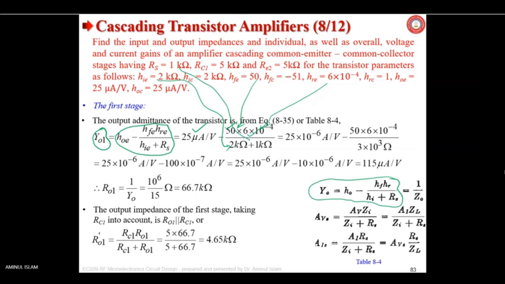See, 1 kilo is coming here. So all these values are given. Put these values and get the final value as this after calculation. I have calculated step by step in the book, it is not that just the final value is given.